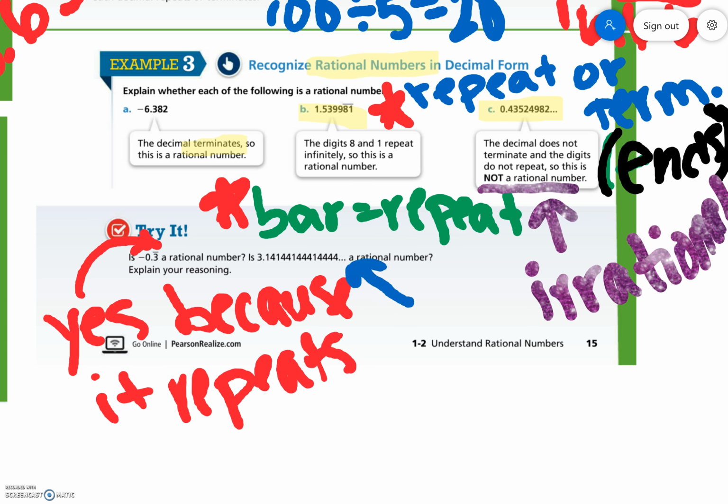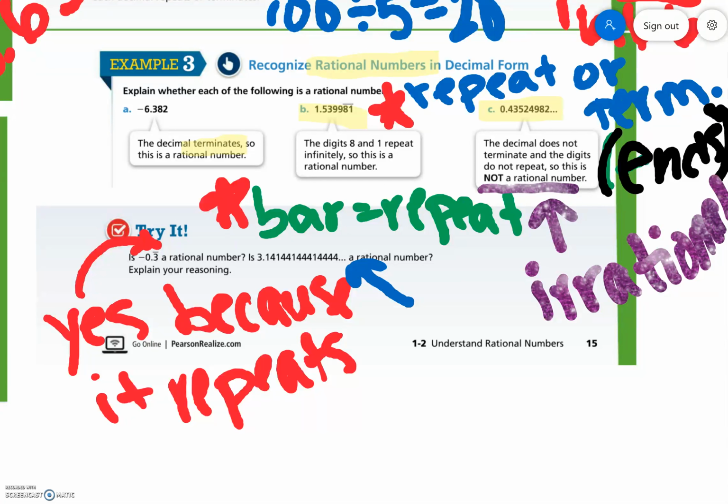3.14, 144, 1444, 14444, a rational number. Explain your reasoning. Now you might see a pattern here, but just because there is a pattern does not mean it is a repeating pattern. If it were going to be a repeating pattern, it would have to go 1, 4, 1, 4, 1, 4. Each time here there's an extra 4.